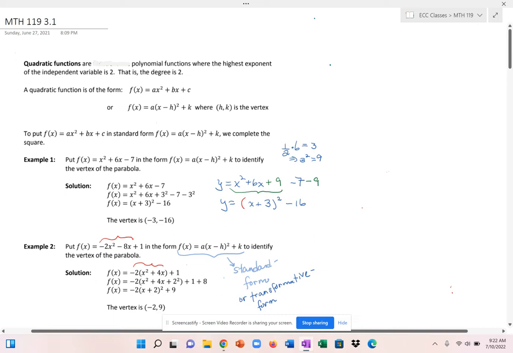Then I'm going to complete the square on the x² + 4x part. Half of 4 is 2, and you need to square that. When I square that, I add it to my binomial, creating a perfect square trinomial. But whatever you add, you have to take away in that same line so that the net change is 0.